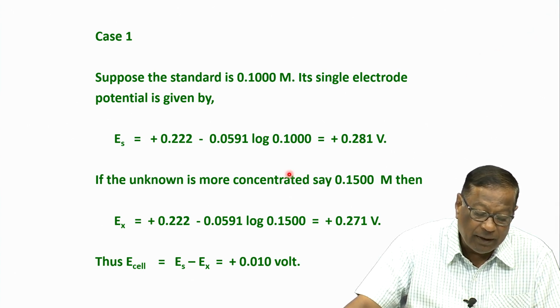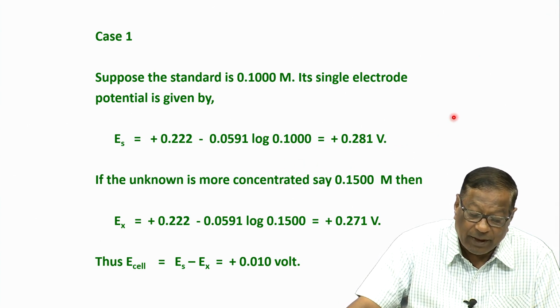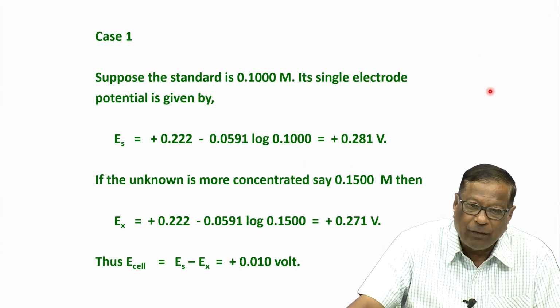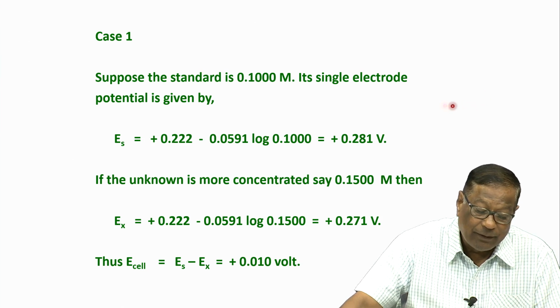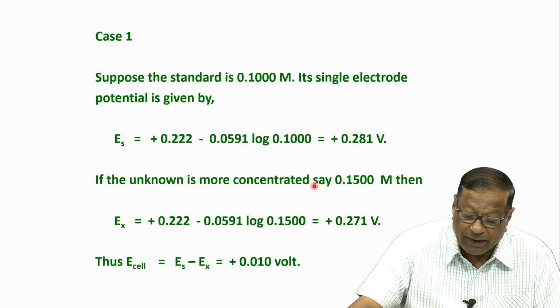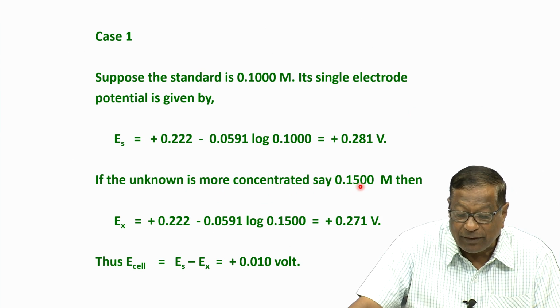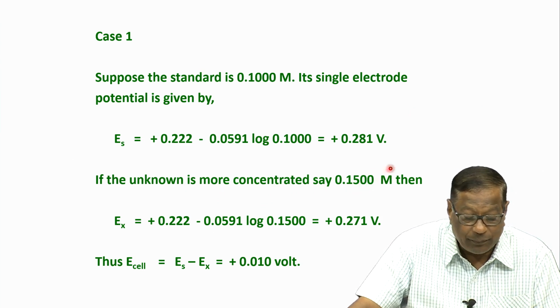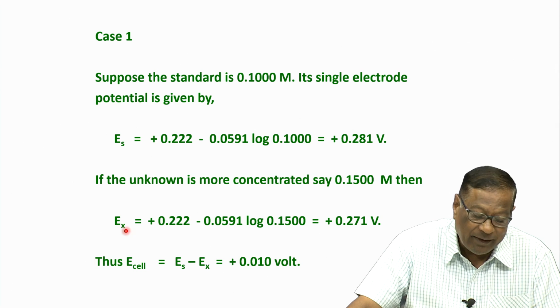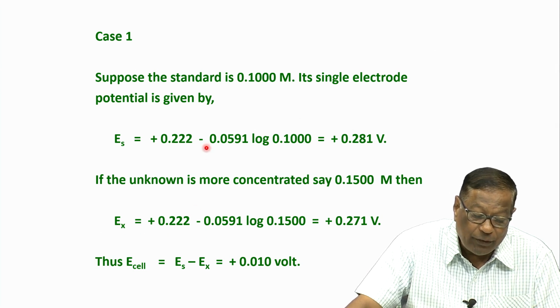So, I have a solution which I do not know. I want to find out how much of silver is there. So, if the unknown is more concentrated, say 0.1500, then I can write Ex is equal to 0.222.